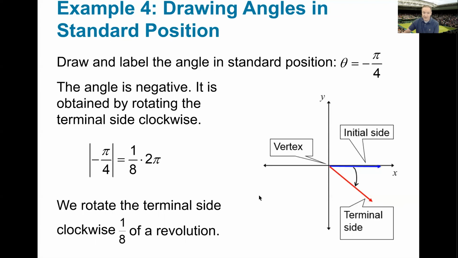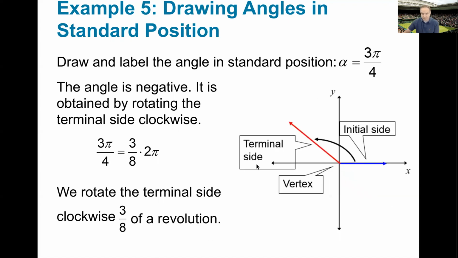In this case, pi over 4 would be up here, but this angle is negative pi over 4. So the initial side of my angle is always the positive x-axis. I go pi over 4 radians in a clockwise direction, negative angle, positive if you think about direction around a clock. So it's just half of a quadrant this way. Negative pi over 2 would be straight down. Negative pi over 4 splits quadrant 4 in half. That would be my angle.